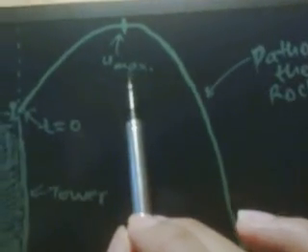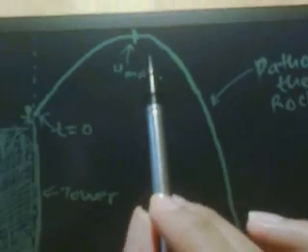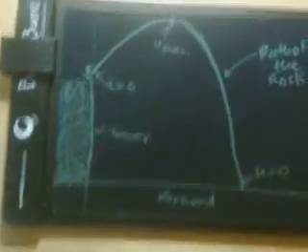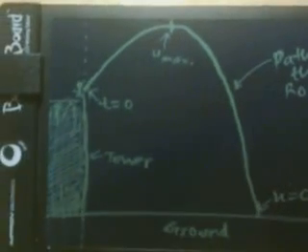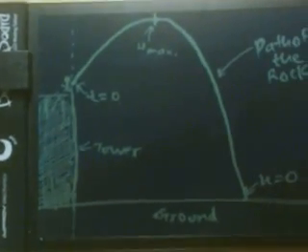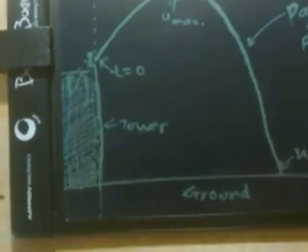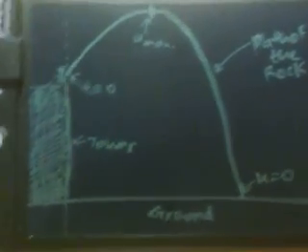And this part where h is maximum, that is our vertex of the parabola. So the path of the rock is basically a parabola on a time versus height graph.